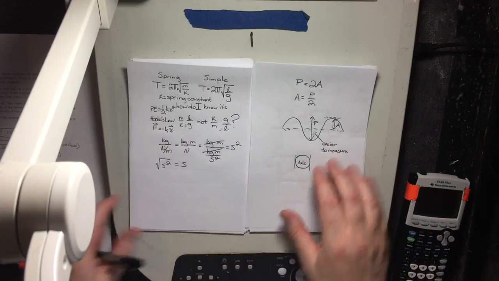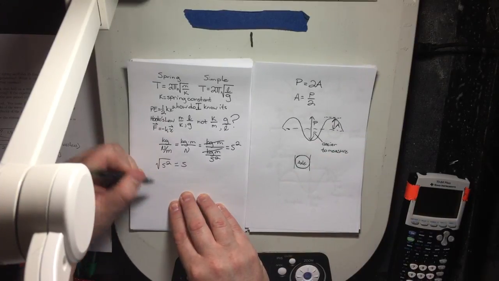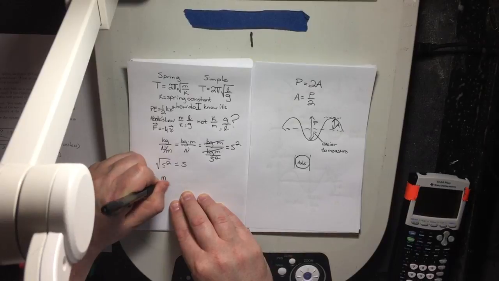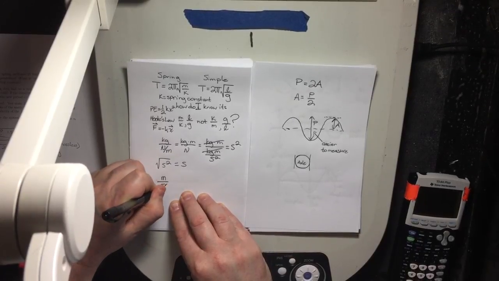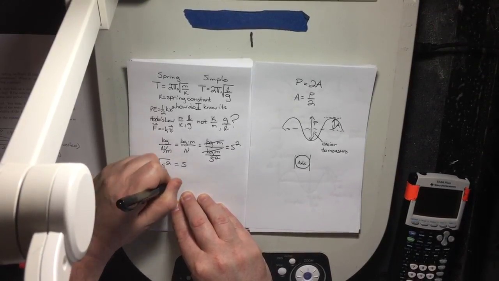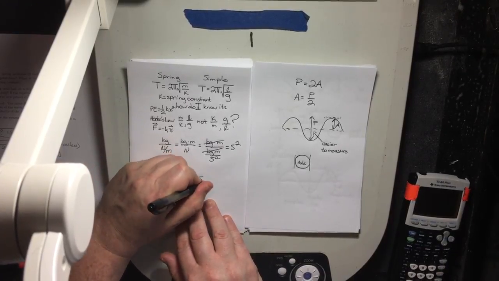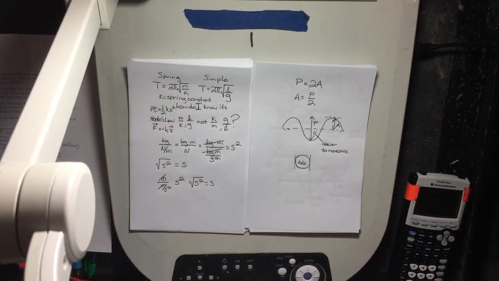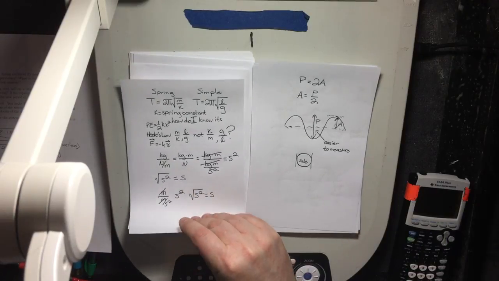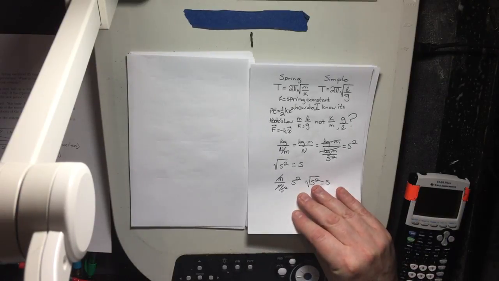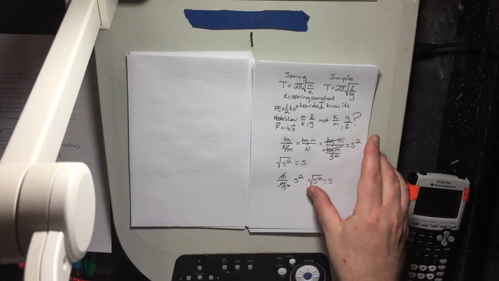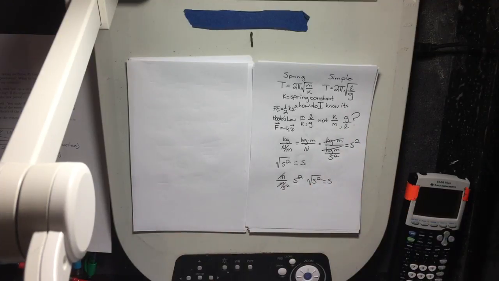For simple pendulums, L over g, L is in meters, g is in meters per second squared. Meters cancel, I'm left with seconds squared, and square root of seconds squared is seconds. So the units do check out. Because for the longest time, I was like, is it m over k or k over m? I get confused. Well, just work with the units.